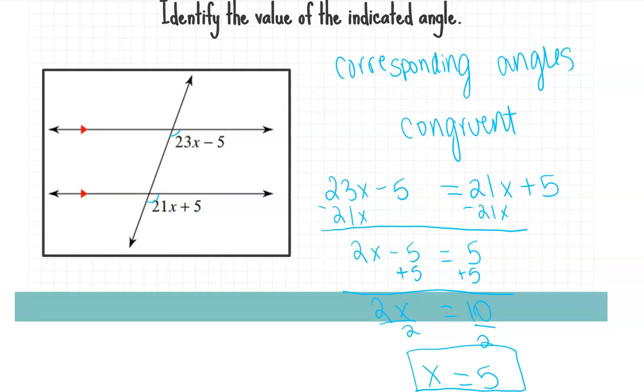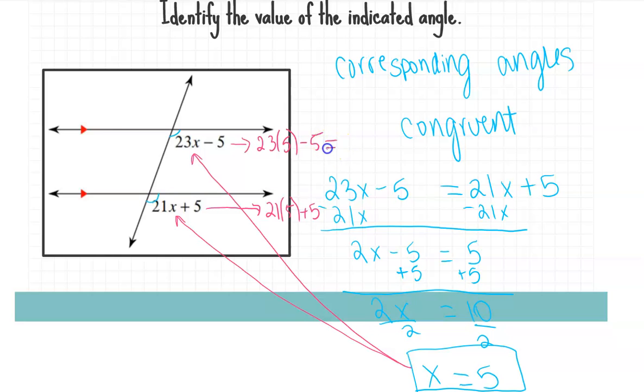If I wanted to find the value of both of the angles at the end, all I need to do is substitute my answer for x into both of our expressions to solve. So for example, here we would have 23 times 5 minus 5. And then down here, we would have 21 times 5 plus 5.